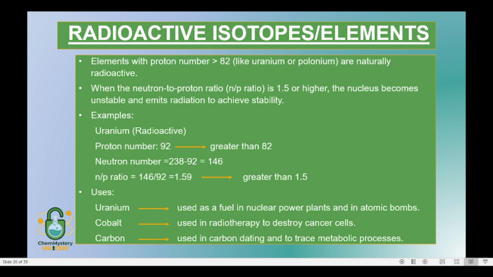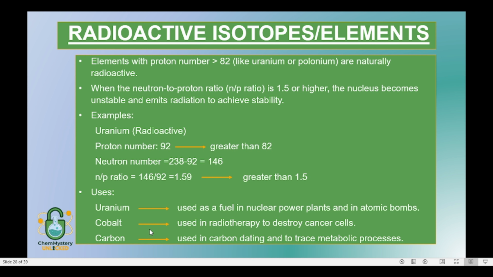Now let's move on to cobalt. Cobalt is used in radiotherapy to destroy cancer cells. It is also a radioactive isotope that gives off gamma rays. In hospitals, these rays are used in radiotherapy machines to kill cancer cells without surgery. Now let's move on to carbon.